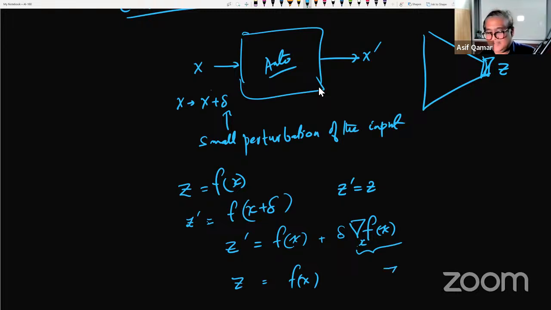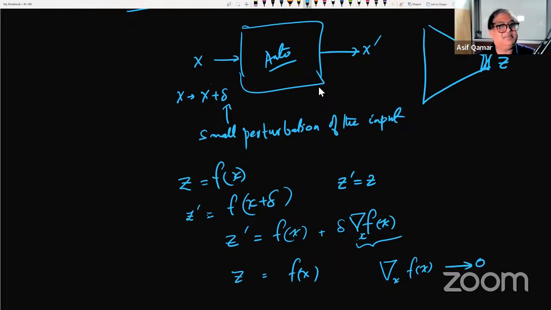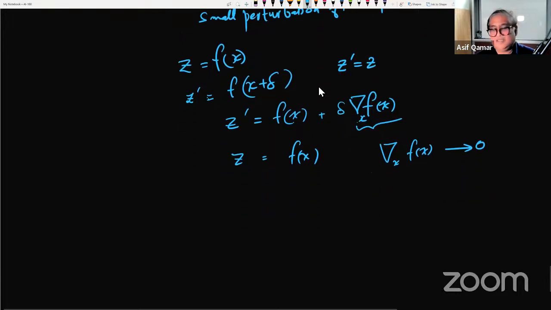The gradient should tend to 0. It should be very small. The derivative should be very small.